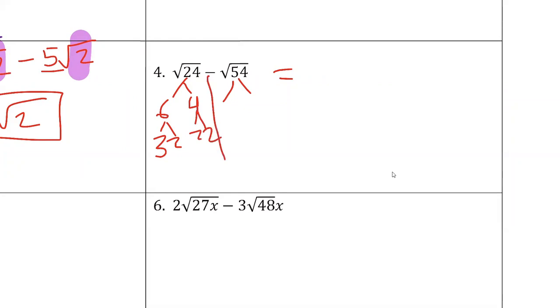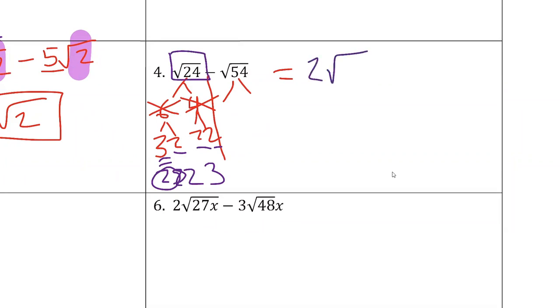So if we cross out what we broke down, the numbers we have are 3 2s and 1 3. So we're circling pairs, so we can only make a pair of 2s. I'm going to write this first part in purple. So if I do that, I would pull a 2 out from that pair. And then what was left behind was a 2 and a 3. So if you multiply 2 times 3, that would be 6 underneath your radical.